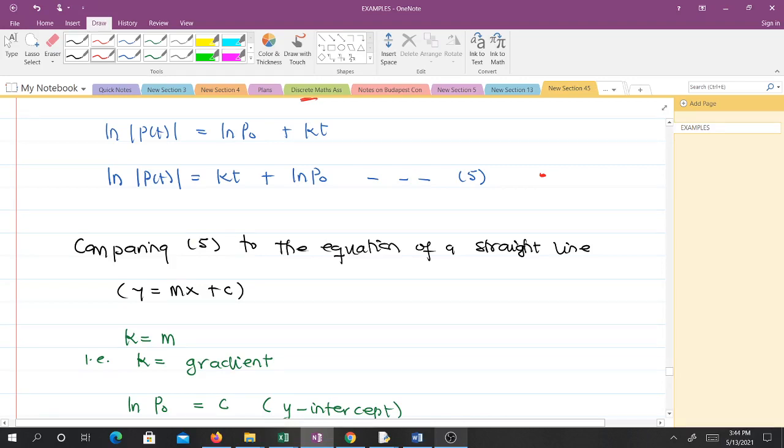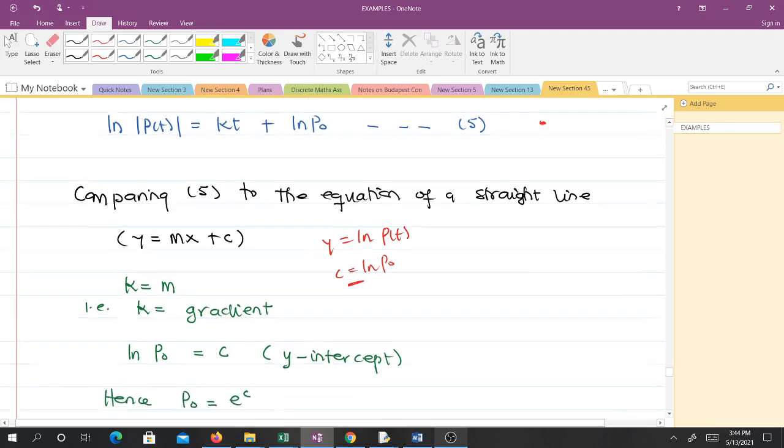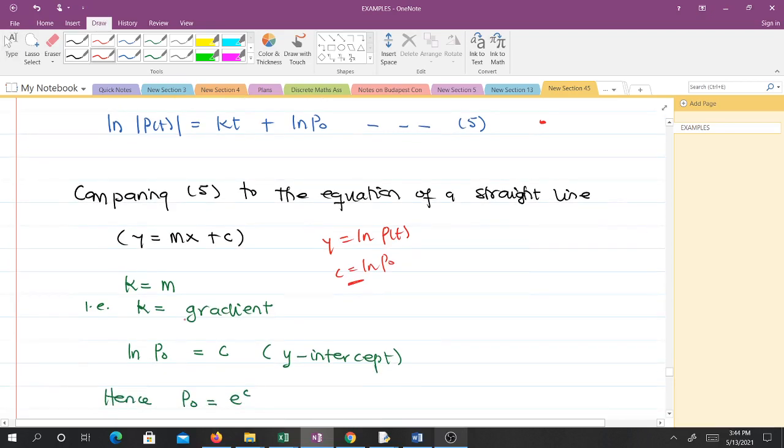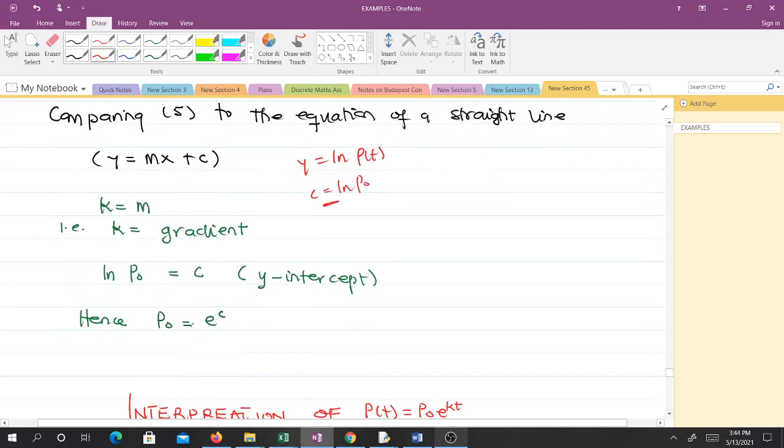So that means the k is the gradient of the graph, and our y is equal to ln p of t, and our c is equal to ln p naught. So that means that the c, which is the y-intercept, is ln p naught. So p naught will be equal to just e^c when we take the exponential on both sides. Okay, so this is how we linearize equation 4.